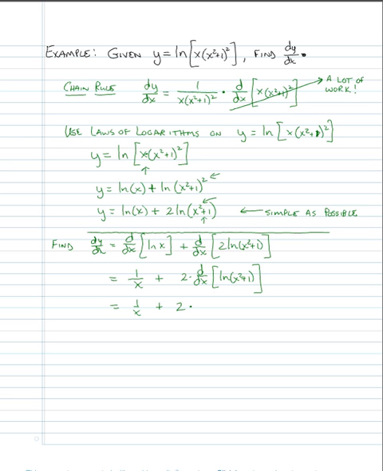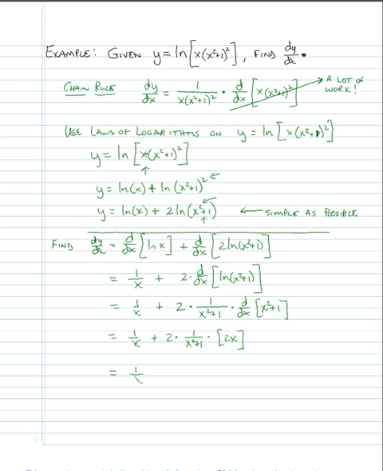To find that derivative, we say 1 over the argument, x squared plus 1, and then we multiply that with the derivative of x squared plus 1, which really isn't a whole lot of work. The most work we're doing is just writing. So we end up with the 1 over x in front. We have a 2 times a 1 over x squared plus 1, and then, of course, the derivative of x squared plus 1 is simply 2x.